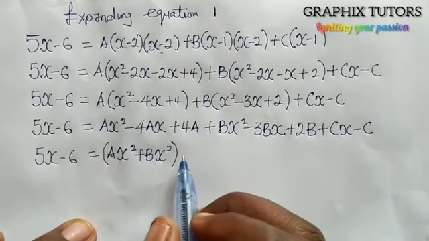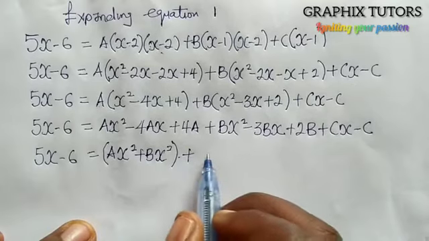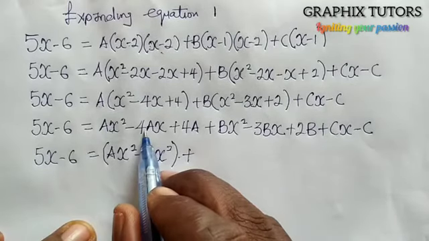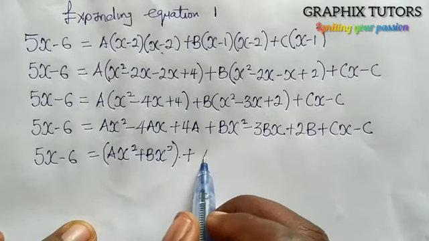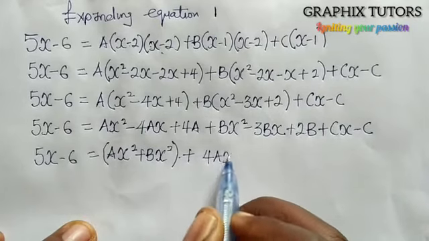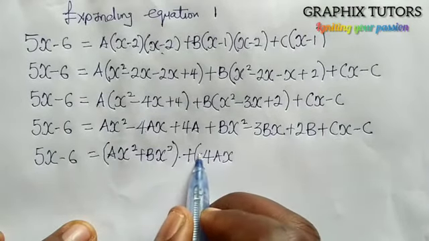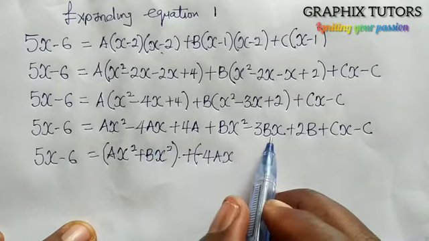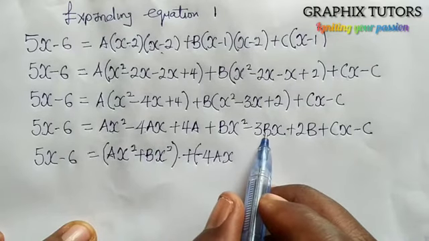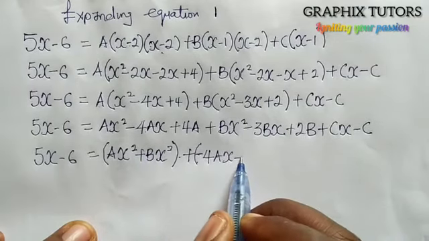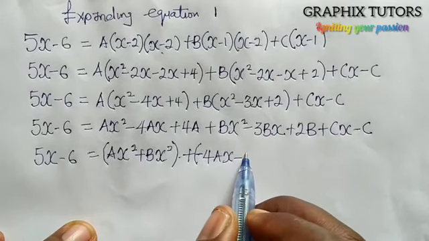So we have the next one, plus we have 4ax, not just 4ax, minus 4ax. We have minus bx. We have minus what?